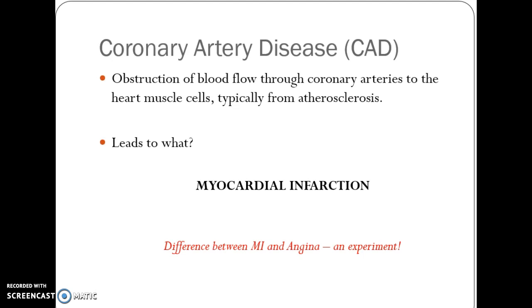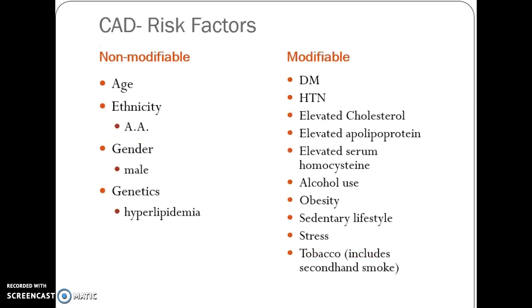So plaques develop in those arteries, and that's what causes an MI. Blood flow is reduced, chest pain happens, and sometimes MI or sudden death can happen if flow is not restored. Again, this is just a very quick overview of these disease processes, but you're going to see them, and I'm sure you already are seeing them in the clinical setting.